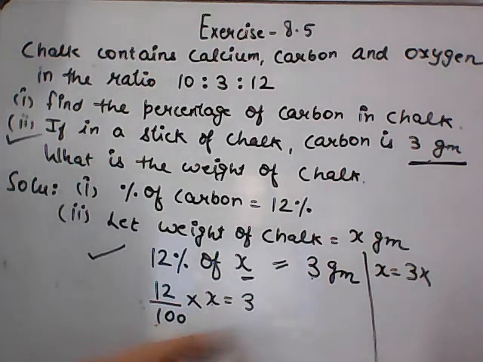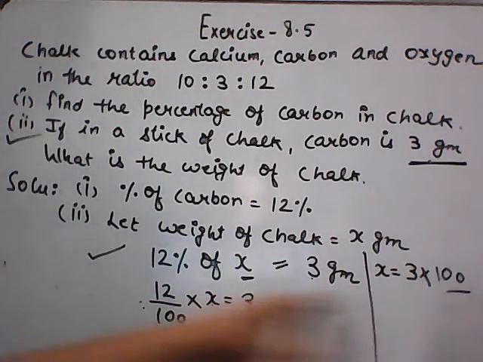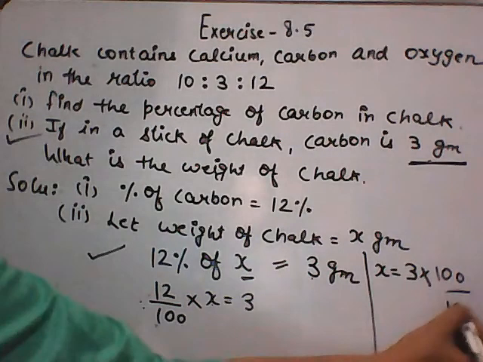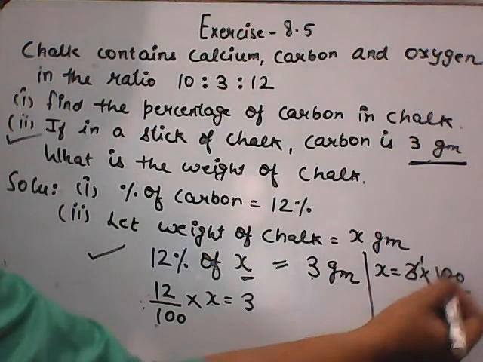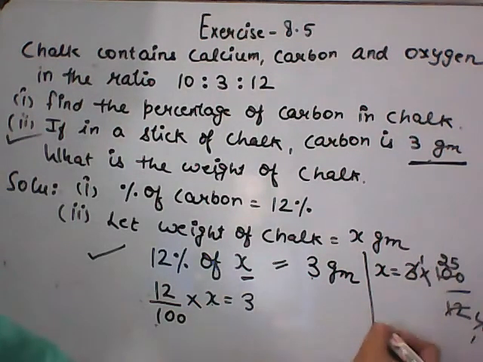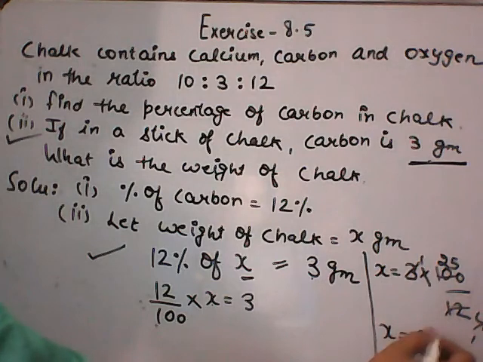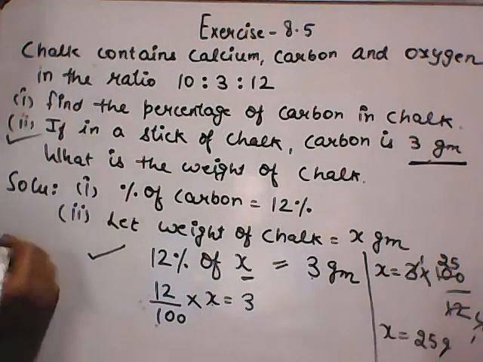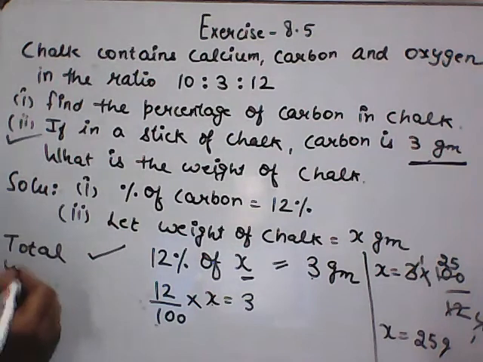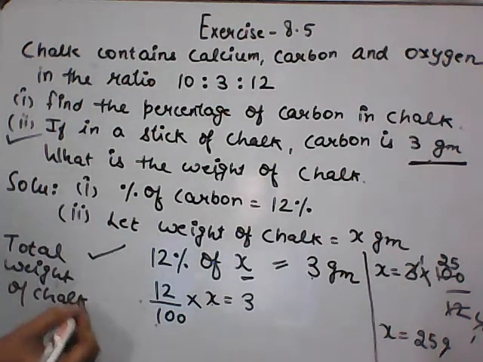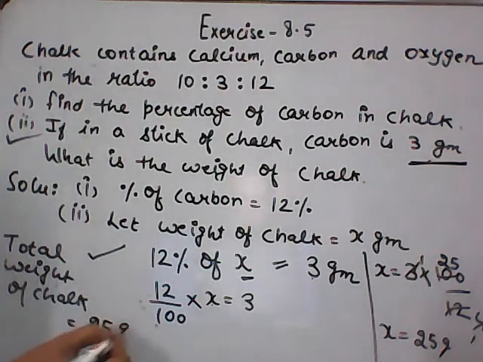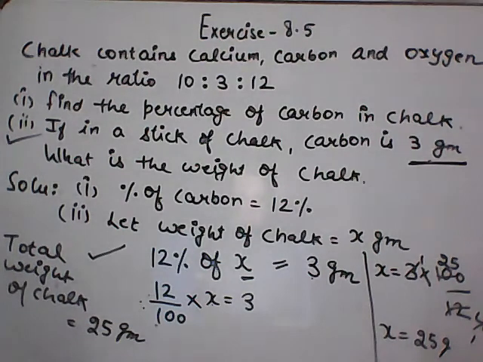Here 100 is the denominator, so it becomes the numerator. 12 is the numerator, it becomes the denominator. 3 ones are 3, 3 fours are 12. 4 ones are 4, 4 twos are 8, 4 fives are 20. That means the total weight of the chalk is 25 gram. In this way, we can calculate the problems related to percentage increase and percentage decrease. Thank you.